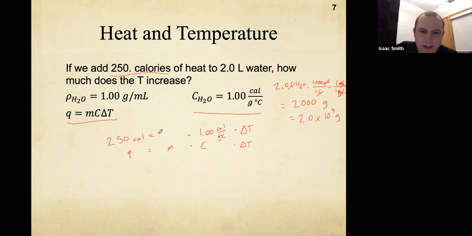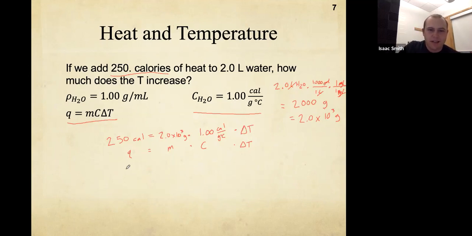All right, so our mass is 2.0 times 10 to the power of 3 grams. Awesome. Okay. So now we should be able to do this problem, right?